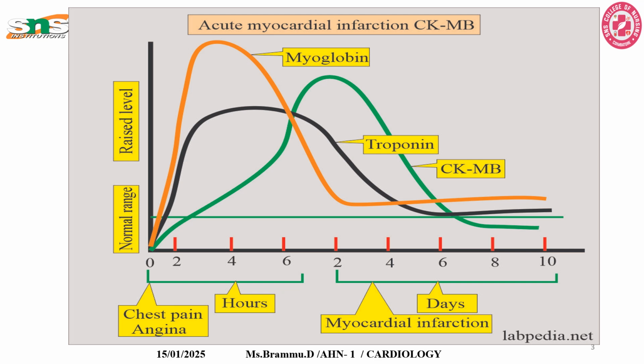And the y-axis represents the normal range as well as the raised levels. The green indicator shows the normal range, and anything above that we call rising twice, thrice, 4 times the normal value, 5 times the normal value.